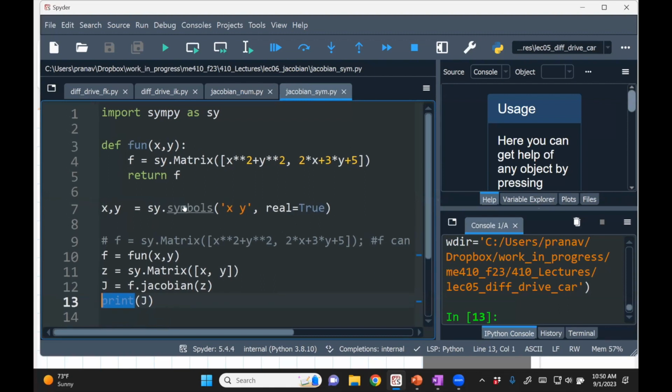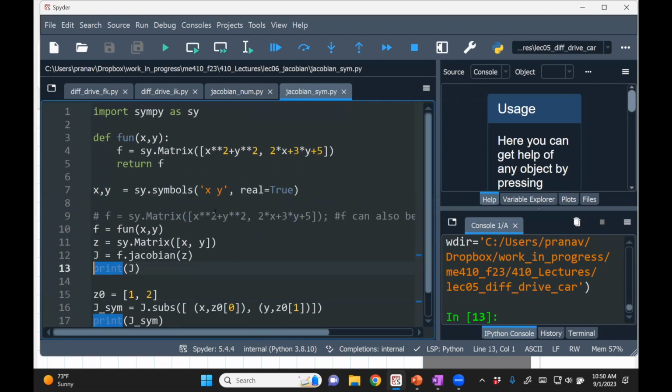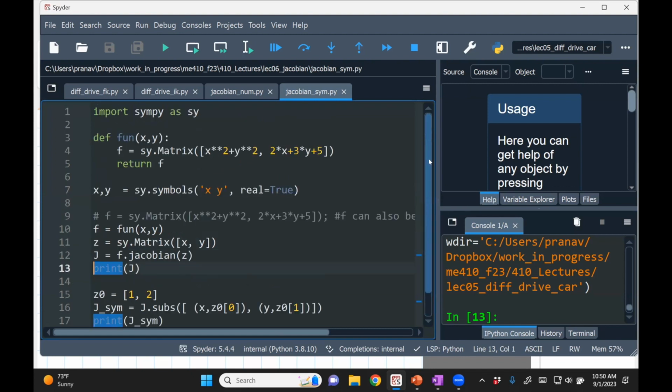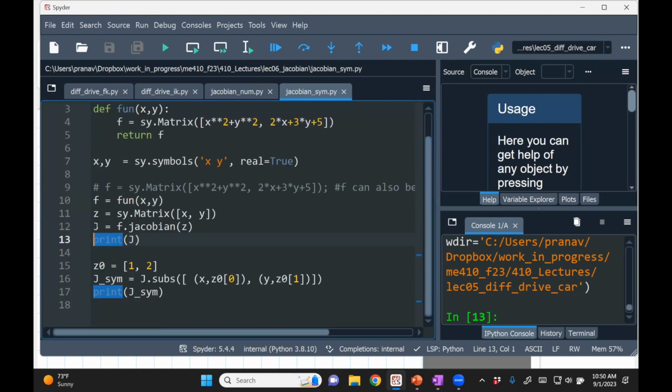I define x and y as symbols. It's saying that x and y are symbolic, and real is saying that they're real, not complex. So what I do is f equals f1(x, y). It's basically calling this function, which has the symbolic stuff. z is x comma y, and to compute there is a function called Jacobian.